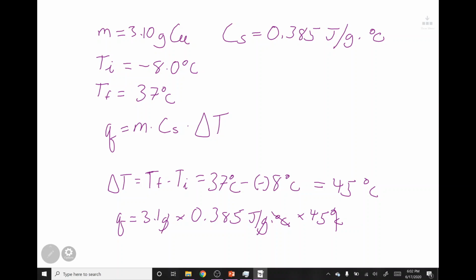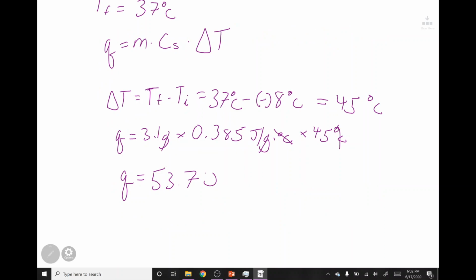Our Q becomes 53.7 joules. Hopefully you got that one.